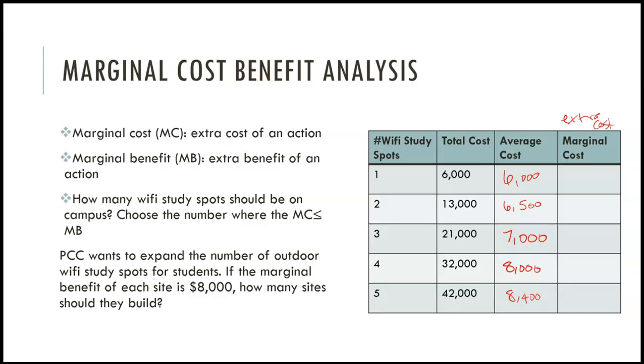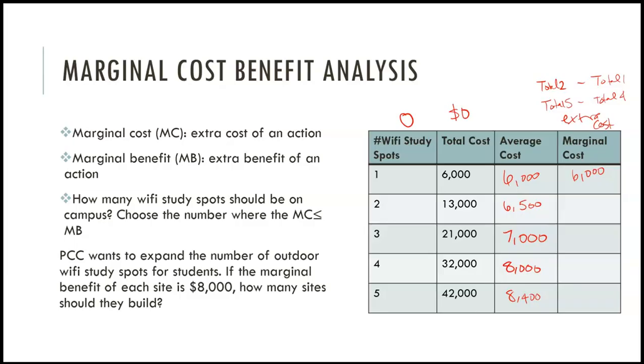So for our first study spot, our extra cost, when we go from 0 to 1, our cost for 0 study spots is $0. Okay, so our extra is going to be $6,000. So marginal cost is going to be the total of 2 minus the total of 1, or the total for 5 minus the total for 4.